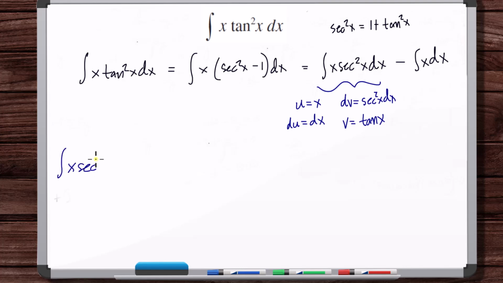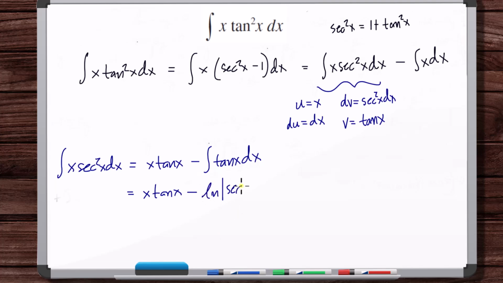So x secant squared x dx is u times v minus the integral of v du. So x tangent x minus the integral of tangent x. The textbook gives this to us, natural log of the absolute value of secant x.